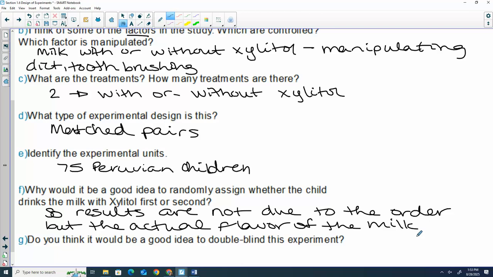We don't want the result to be because of the order. We want it to be because of the flavor of the milk itself.